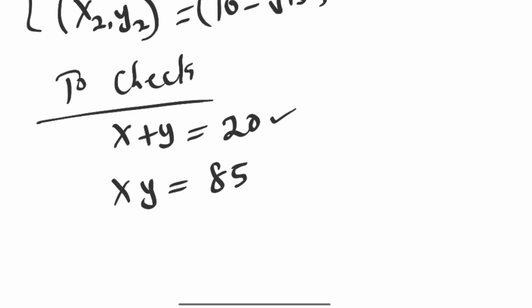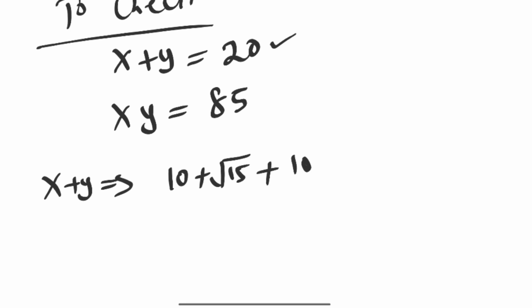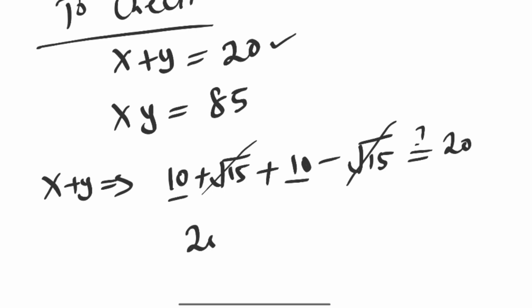Now let us consider this. x plus y can be written as 10 plus root 15 plus 10 minus root 15, must be equal to 20. This minus root 15 cancels this plus root 15. We have 10 plus 10. This is 20 is equal to 20, which is true.